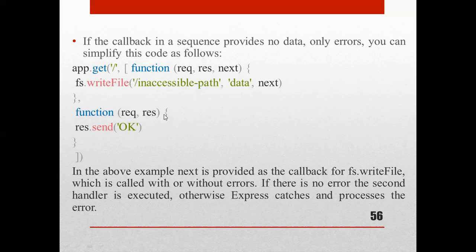In this example, next is provided as the callback for fs.writeFile, which is called with or without errors. If there is no error, then the second handler is executed, that is, it will send the response 'OK'. Otherwise, Express catches and processes the error. If there is any error, Express will catch that error and process it.